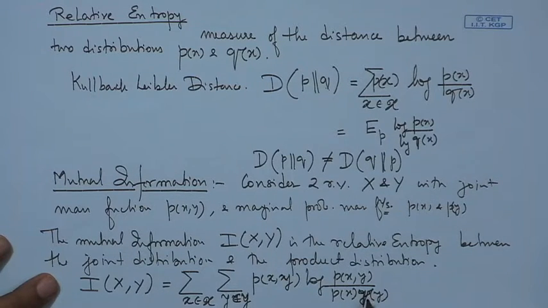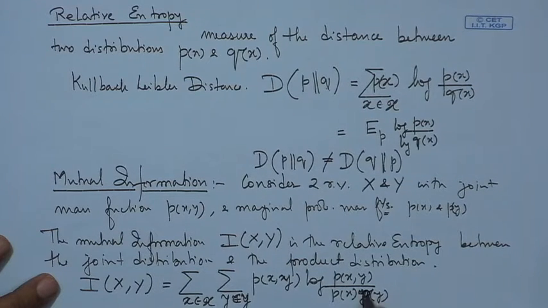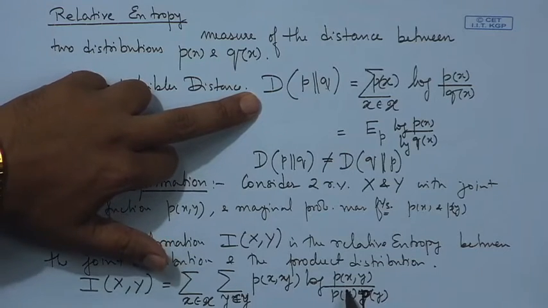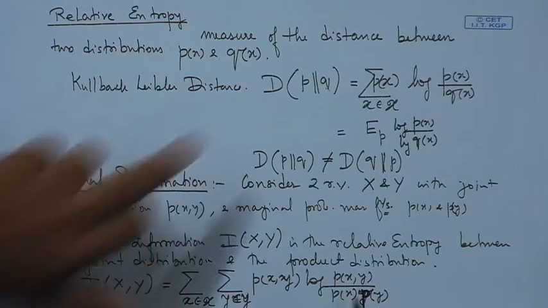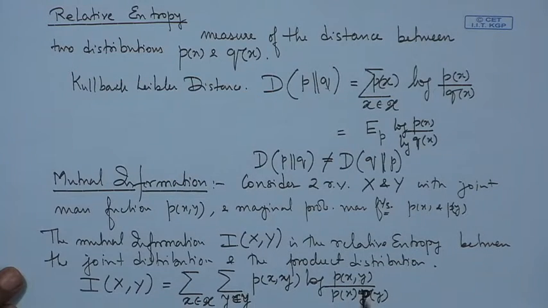So between these two distributions, it's p of x times p of y. So basically it directly follows from the relative entropy between pxy and px times py. So it's basically the distance between the joint distribution and the product distribution.